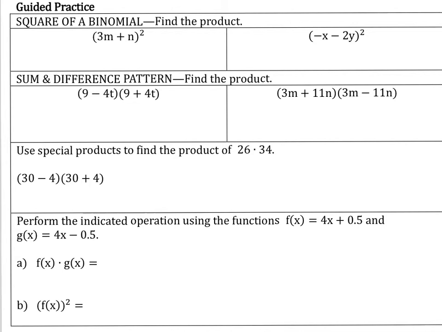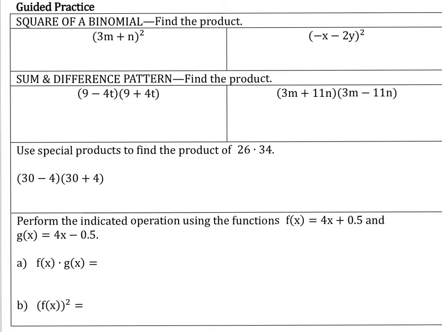And the next one is a little bit more complex because you have negative signs, so you need to be careful. So this one, negative x squared, you'll have to look at this as 1. And then we have a subtraction sign here, so subtract 2 times negative x times 2y.